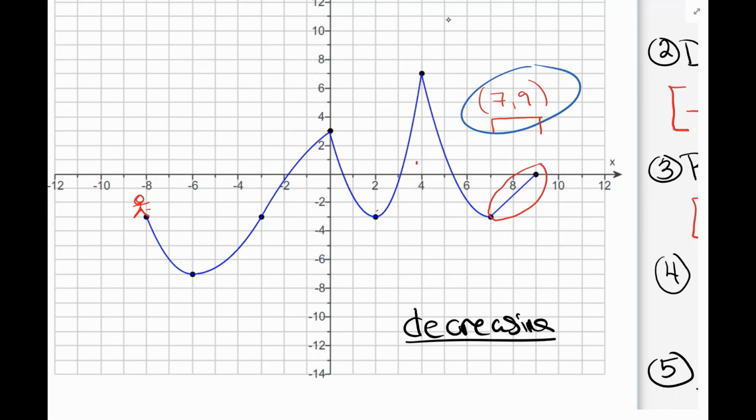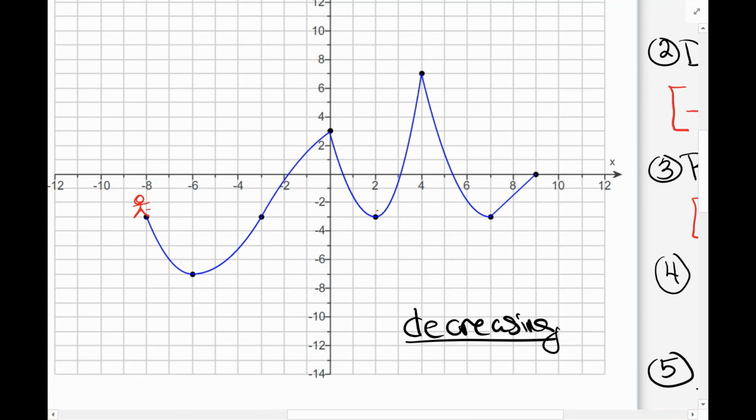And we're going to keep the little man there because he's still going to ride the roller coaster, okay? So now where am I decreasing on this graph? The little man is going to start out by going down the roller coaster. So this is the area where it's decreasing. That's from -8 to -6, and that is parentheses because it's an open interval.